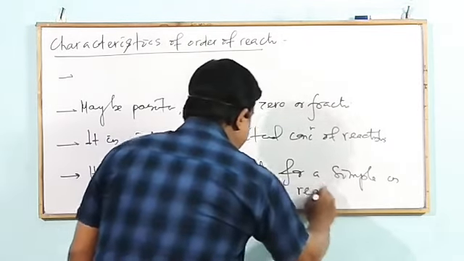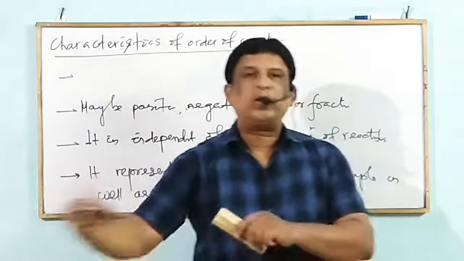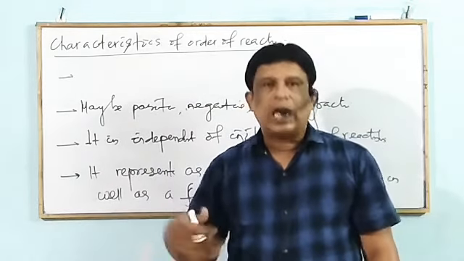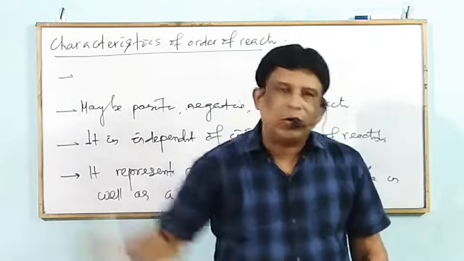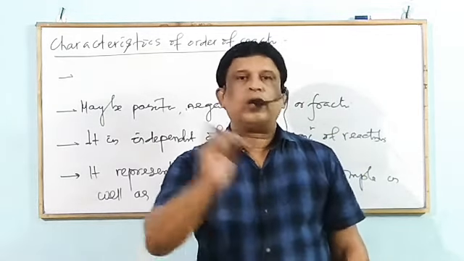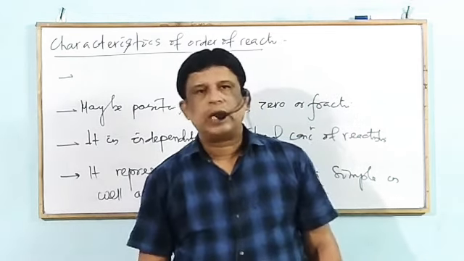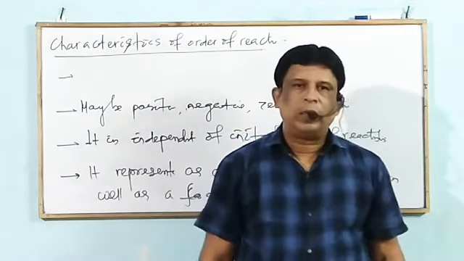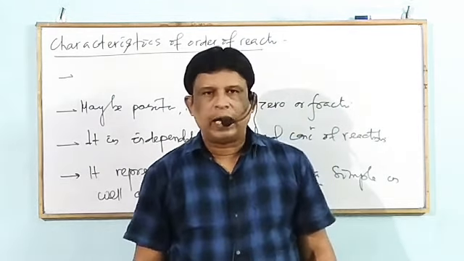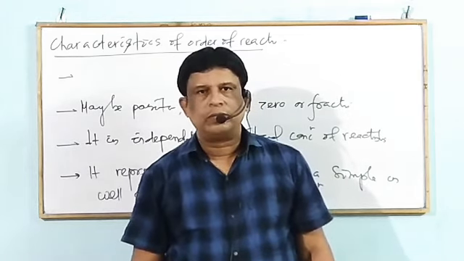I repeat again, that means the reaction which proceeds in a number of steps, we calculate the order of reaction as a whole. Never are we able to calculate the order of reaction of each step. And the most important thing is that it is an experimental phenomenon, and no one is able to calculate the order of a reaction by simply observing a balanced chemical reaction.